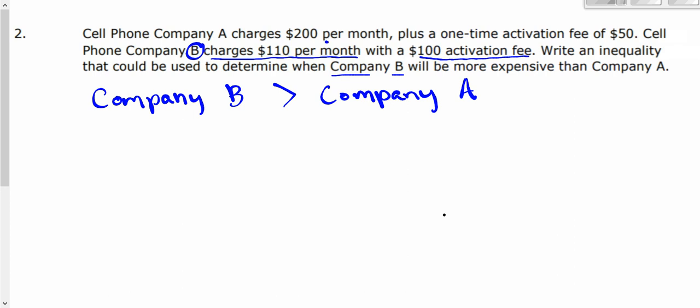So I'm going to use x for months, and I'll have 110x plus 100. And this represents cell phone company B.